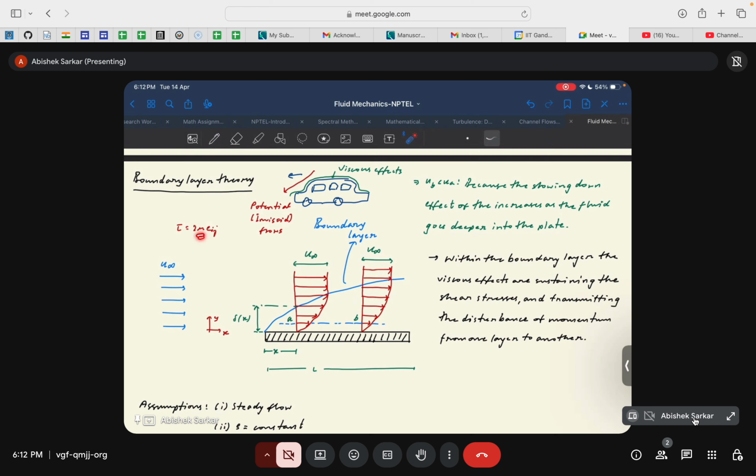Not because viscosity is zero, but because the velocity gradients are almost zero. They are not zero, but they're almost zero. And that's the basic definition of boundary layer: the distance up to which the velocity is 99% of the free stream velocity, where the free stream velocity is denoted by u infinity.